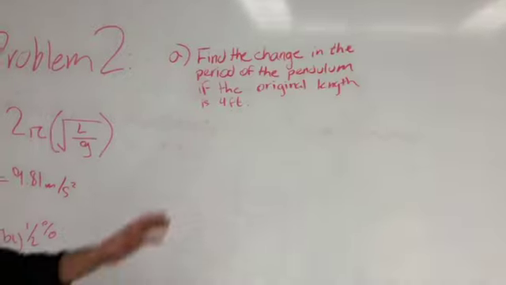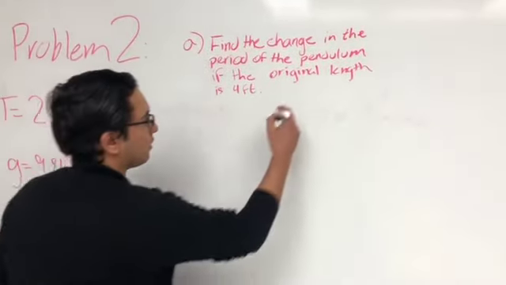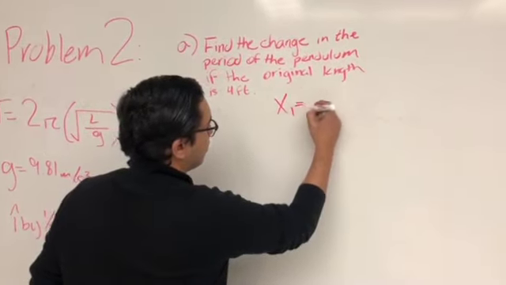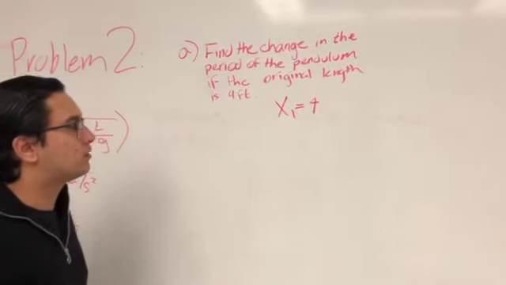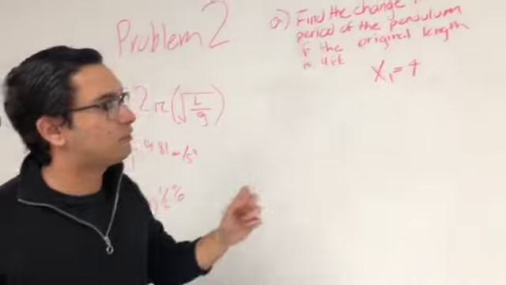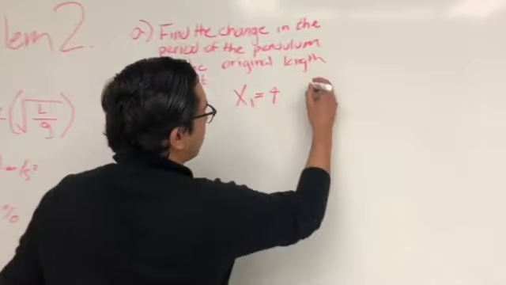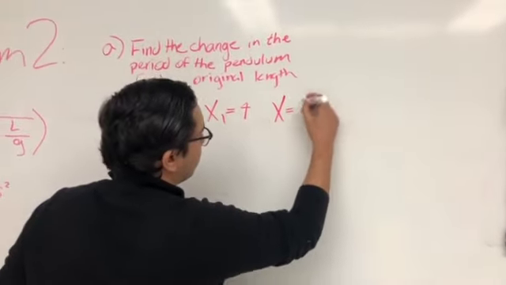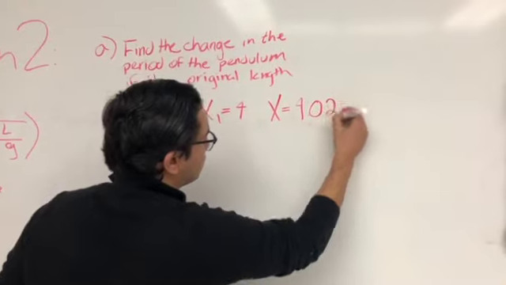the real length is 4 feet. Okay, so we know that x1 is 4. In the problem it says that the length will increase by 0.5%. So x2 will be 4.02.